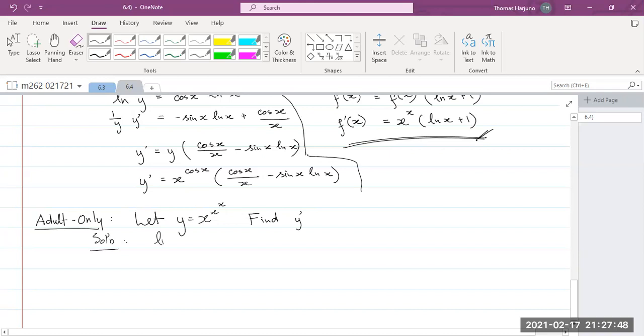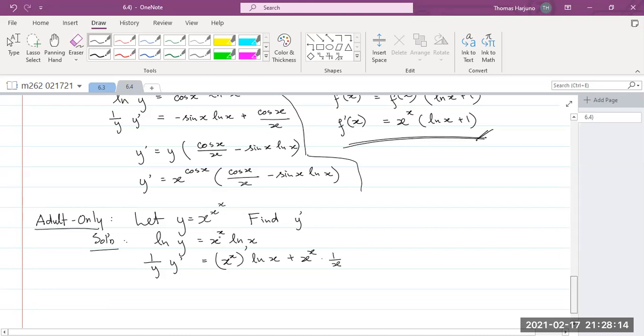You apply natural log, correct? So you'll get x to the x times ln x, right? Now when you do implicit differentiation, you will see that you need to do the derivative of x to the x times ln x plus x to the x times 1 over x.